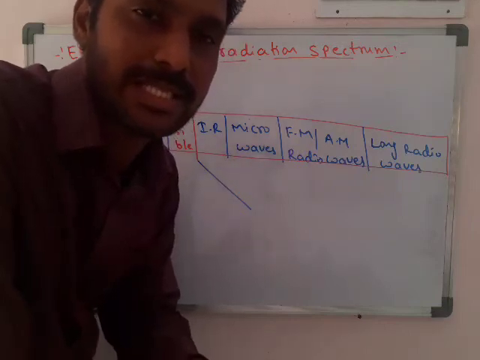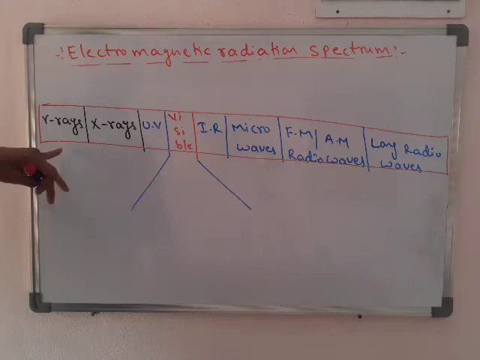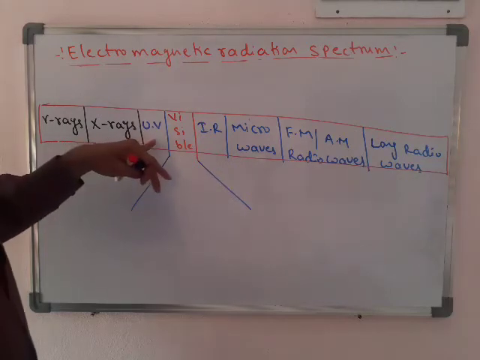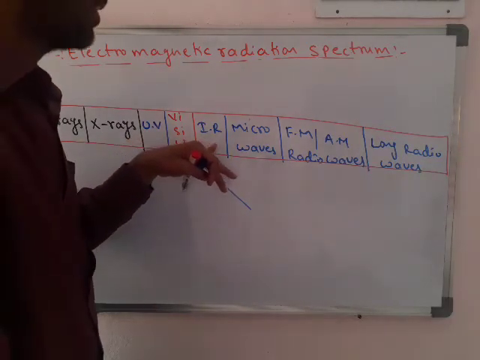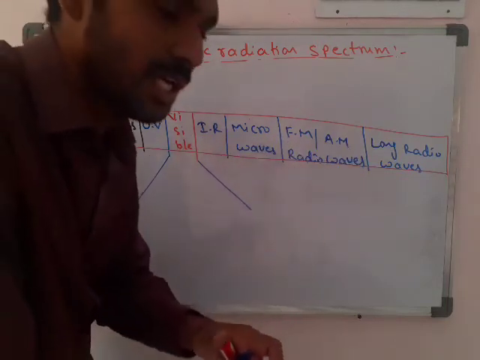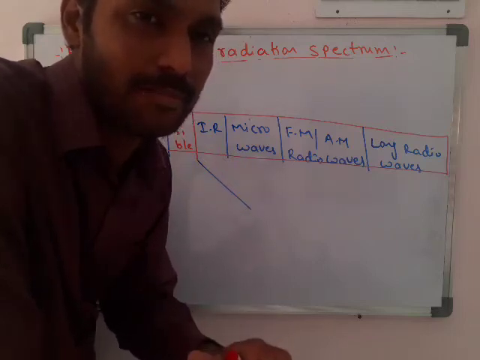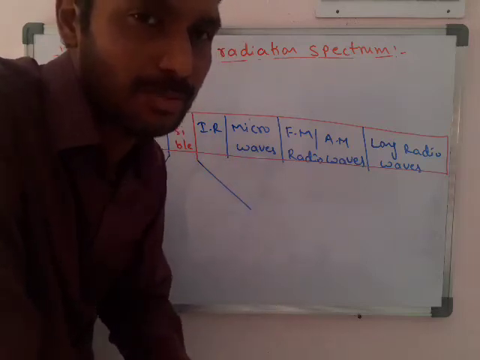That's why it is named the visible region. We cannot directly see gamma rays, X-rays, ultraviolet rays, infrared, microwaves, FM, radio waves, long radio waves. Of all these types of electromagnetic radiation, we can directly observe only the visible region.